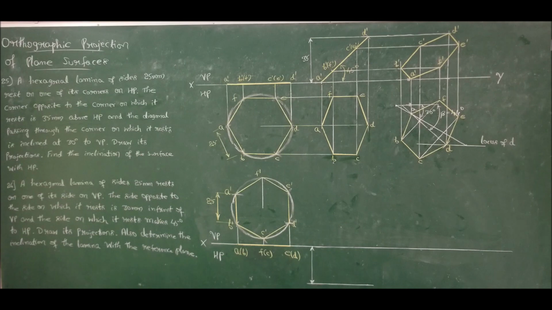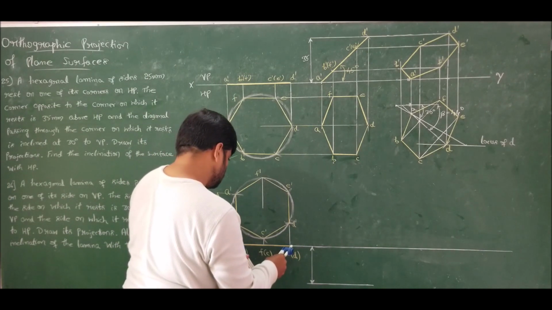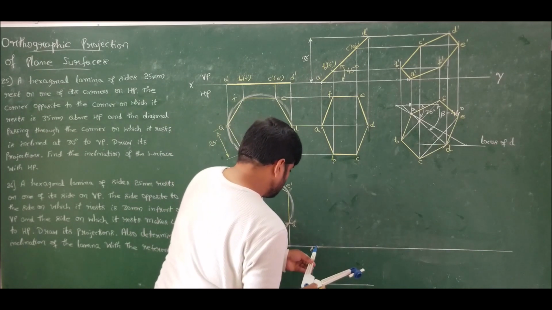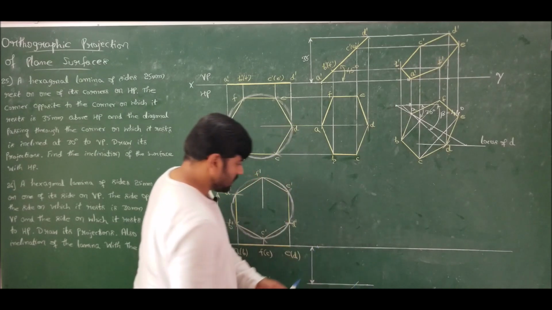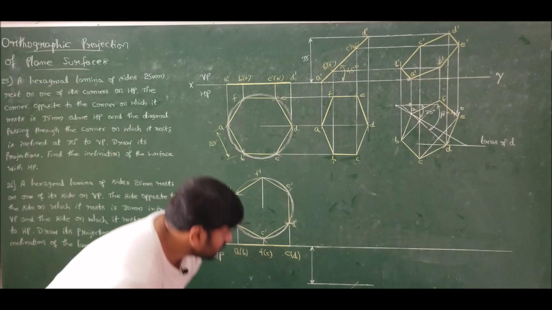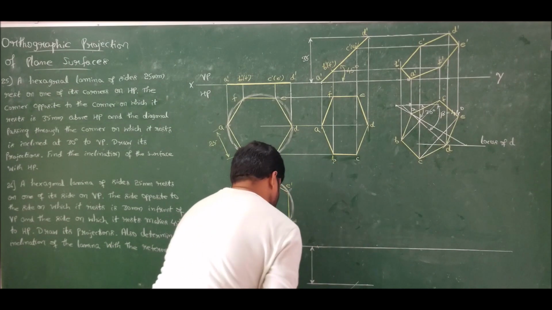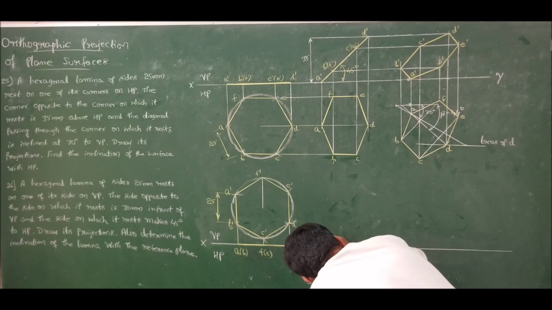Now measure the lamina length and transfer the lamina. Lamina is transferred. Right. So it is resting on AB, so it should come towards HP. I'll mark it towards HP.